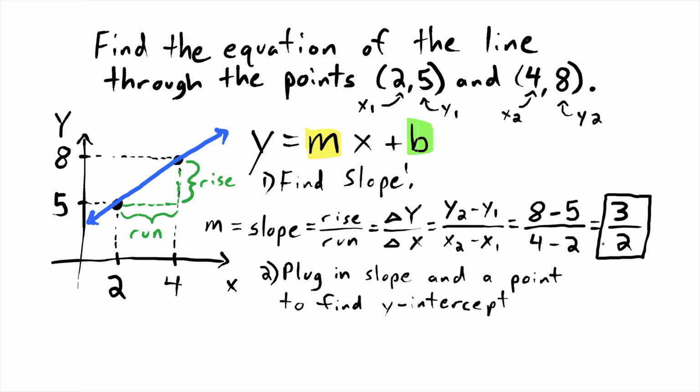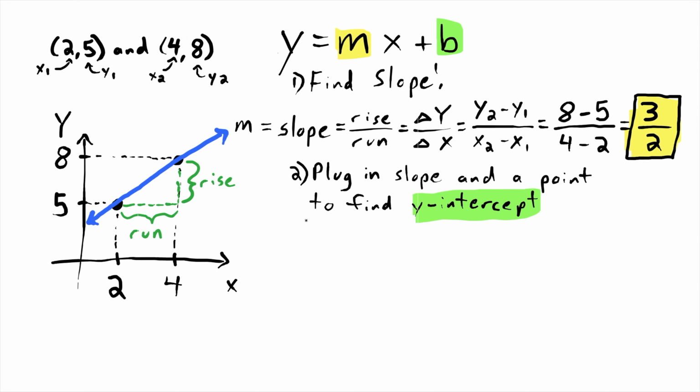So now that I have the slope, the second step is I'm going to plug in that slope and one of my points, it could be either one, it doesn't matter, and determine the value of this b here. So to complete this step, I'm going to take my equation and replace these letters with their numerical values.